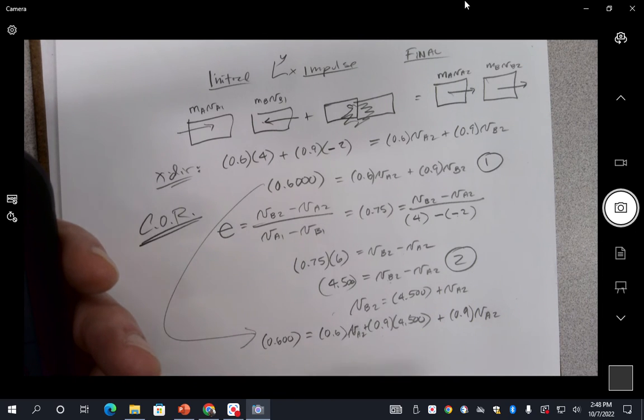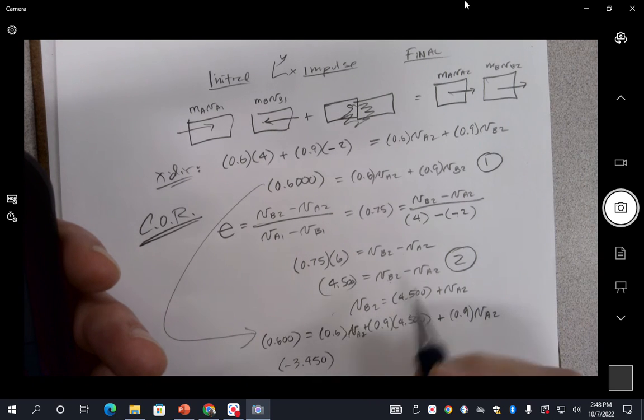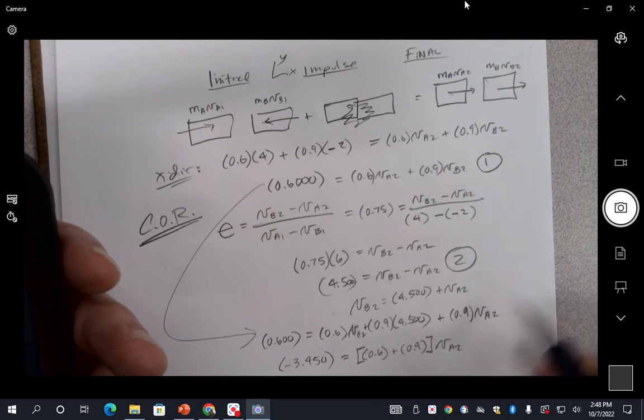So I'm going to get a negative number on the left-hand side. And so I'm going to have a negative 3.45 on the left-hand side. It's going to be equal to 0.6 plus 0.9 VA2.